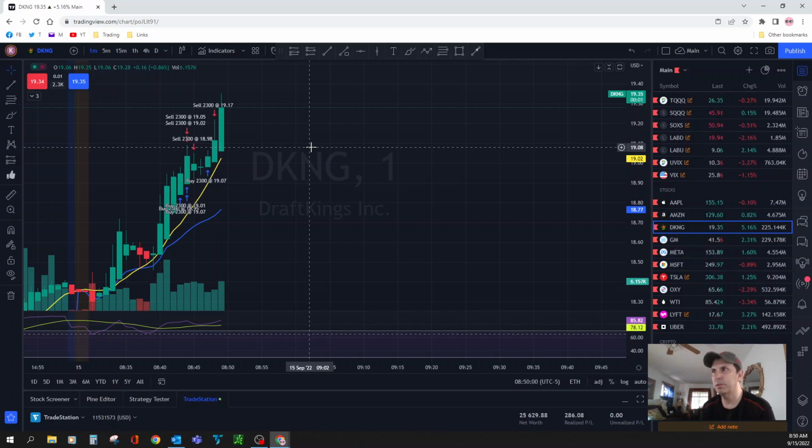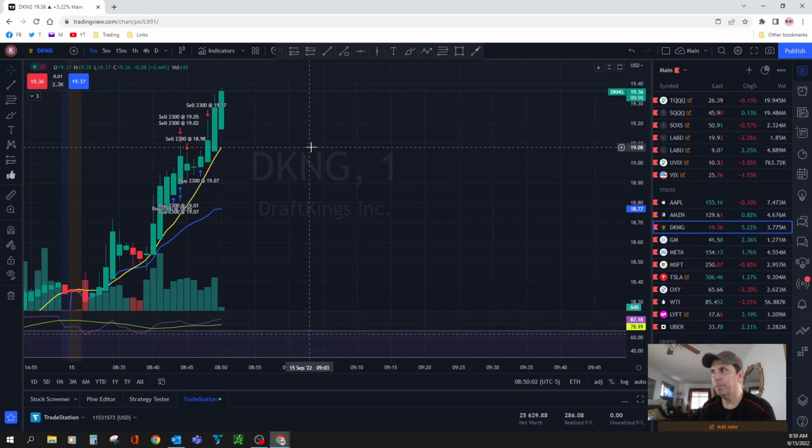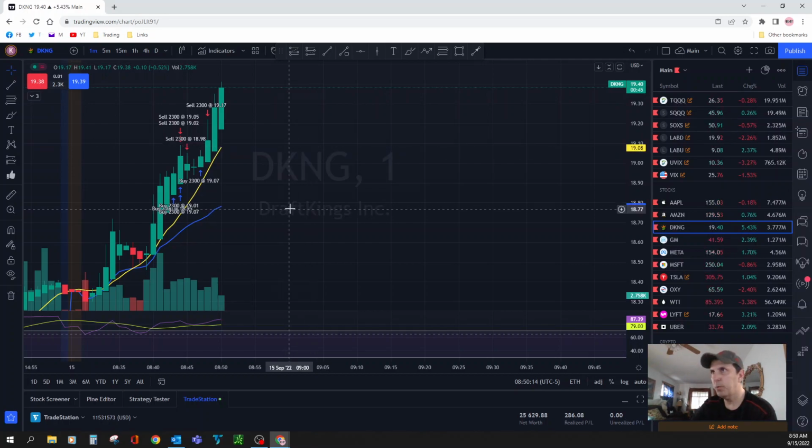For whatever reason, the amount that I was able to clear that quick was encouraging. Maybe it's because of the amount of shares I bought on that. When I do SQ and TQ, I'm only working with about $25,000 to $30,000 because of the margin.